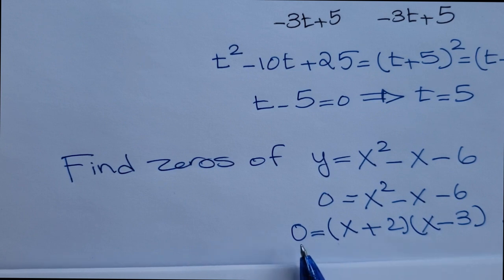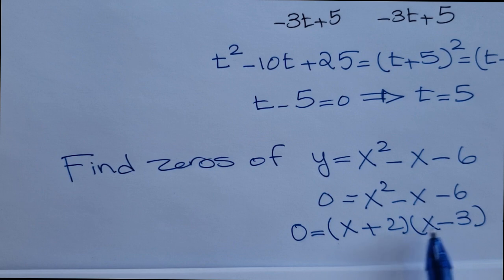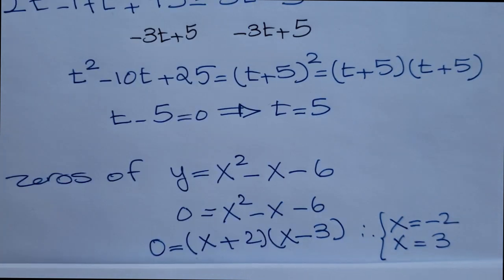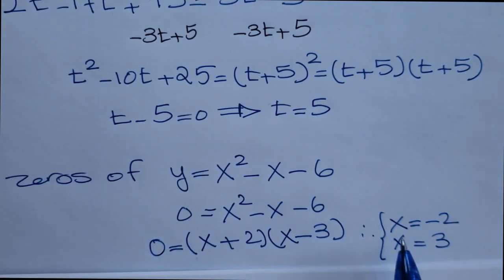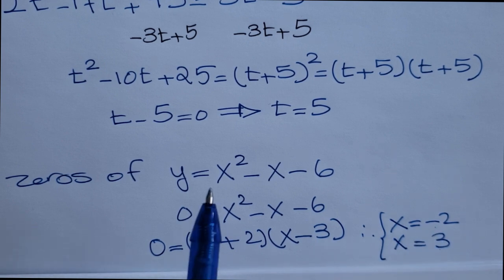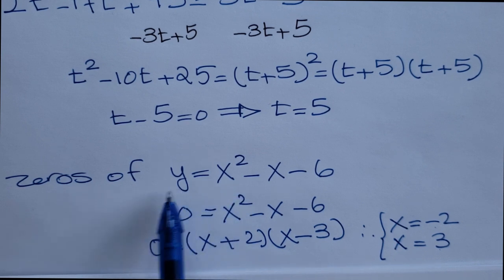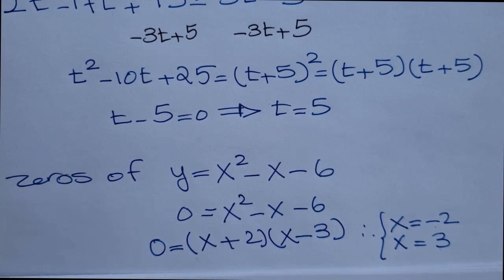So here I have 2 binomial brackets multiplied to one another equal to 0. That means either this one is 0 or this one is 0. Therefore, x can either be -2 or 3. So this expression has 2 roots when it's equal to 0, and this is exactly what we expected, because for a quadratic, we usually expect 2 roots.